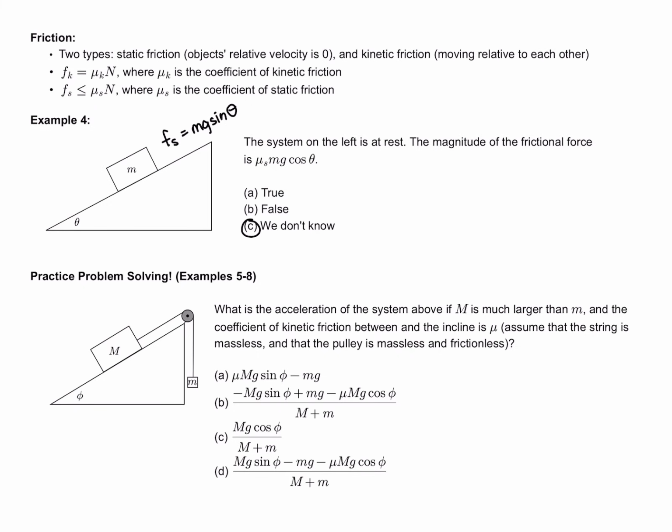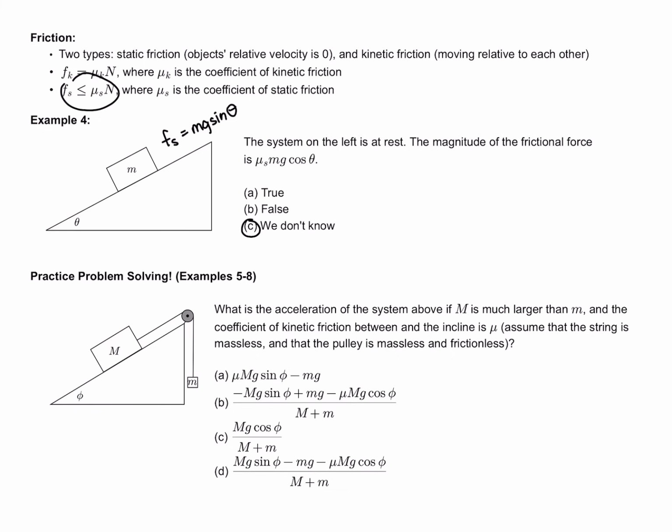We don't know how it relates to the coefficient of static friction and this formula. Unless they tell you that the maximum static friction has been achieved, or that any more force would make it slip, you can't use the Fs equals mu s times N formula. If they use that language, then you apply that formula.